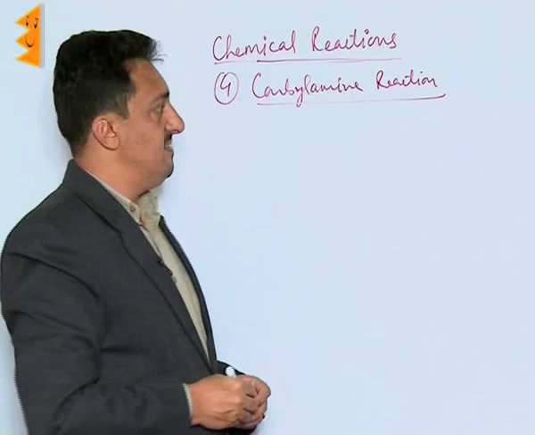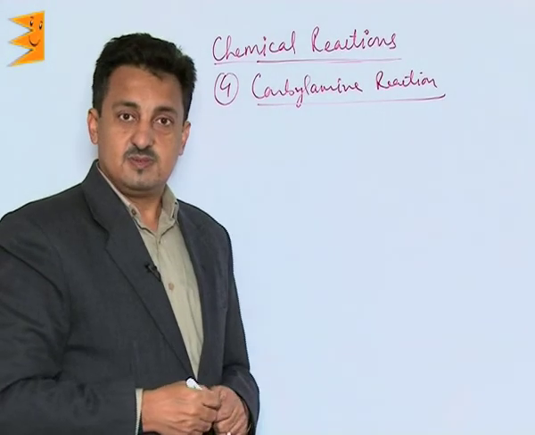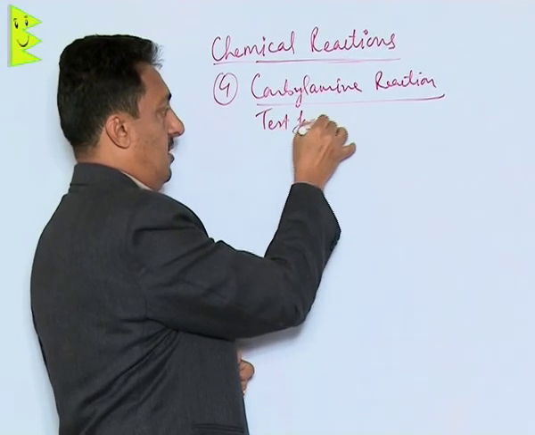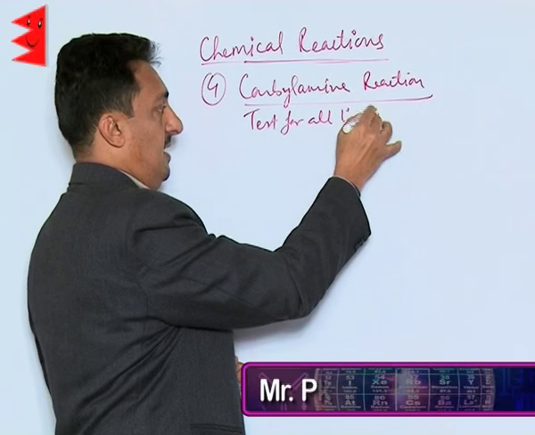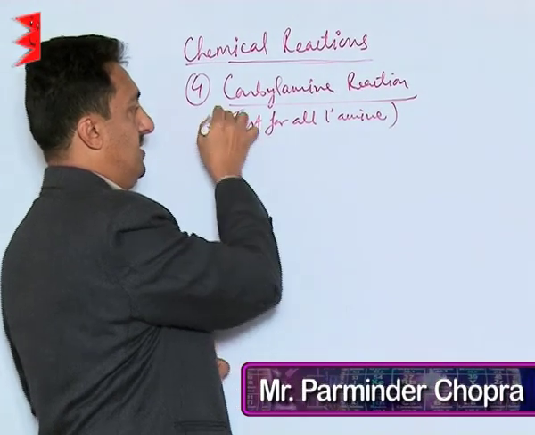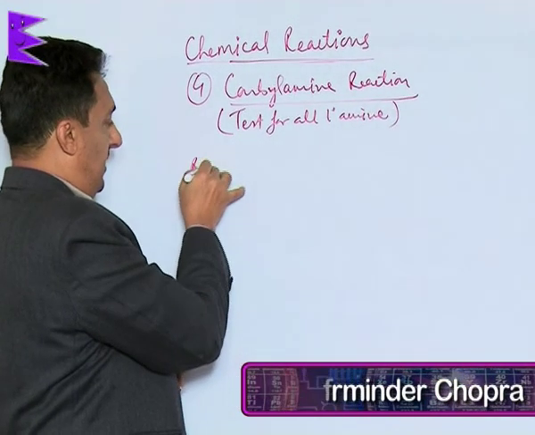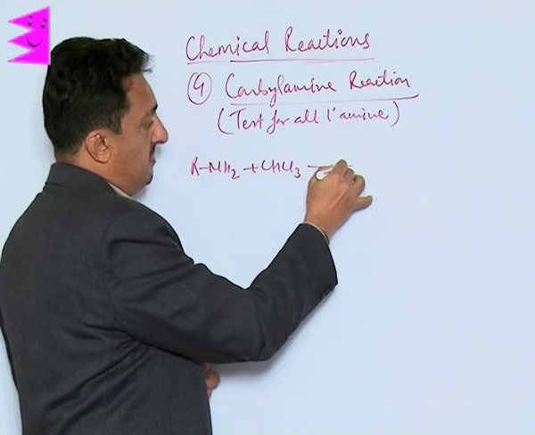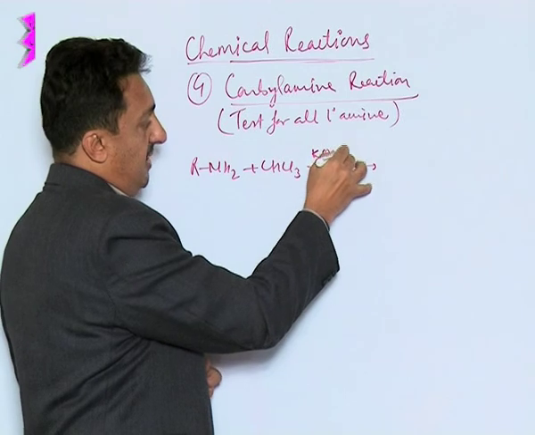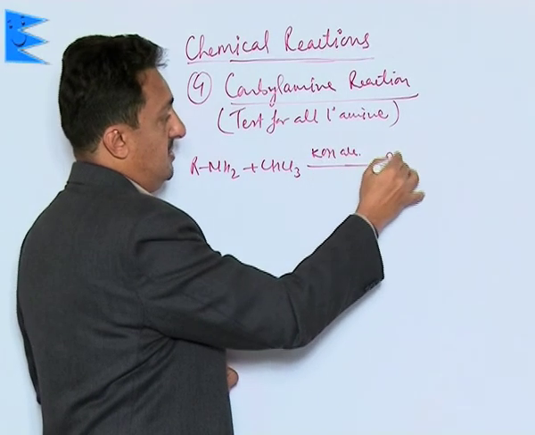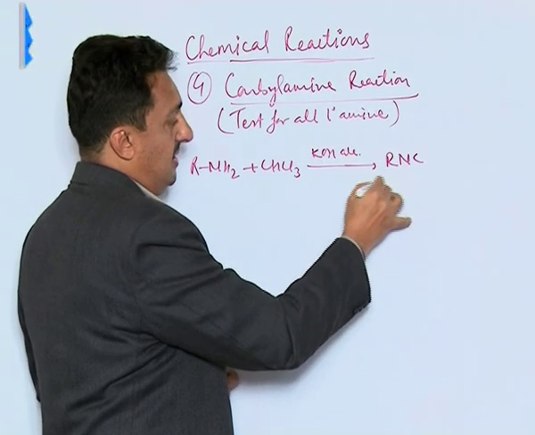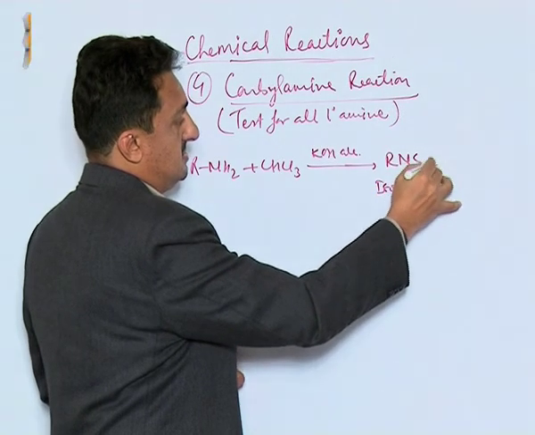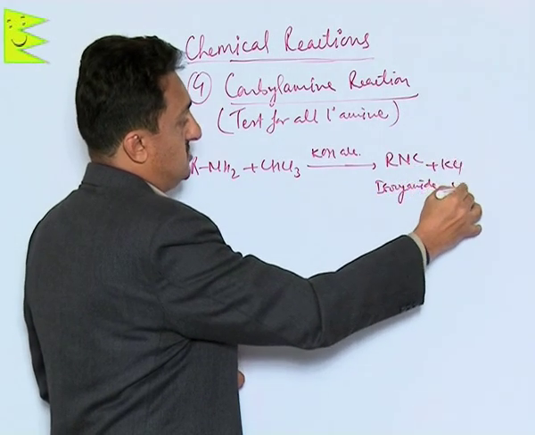The next reaction is this carbylamine reaction. It's a test for all primary amines, both aliphatic and aromatic. Now any primary amine, when reacted with chloroform in presence of alcoholic KOH, gives foul smelling isocyanide along with KCl and H2O.